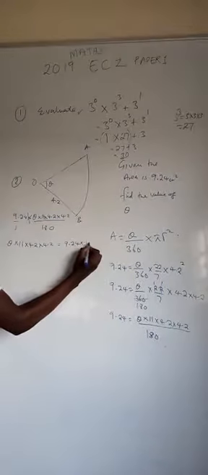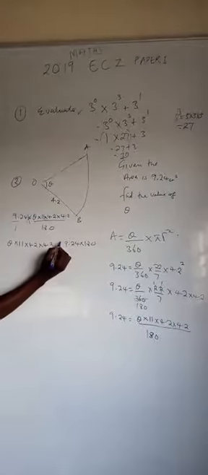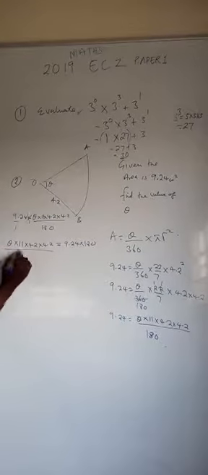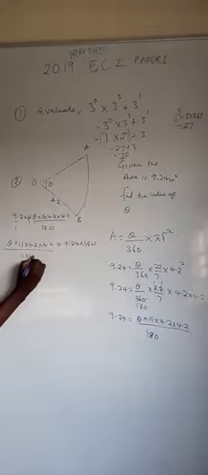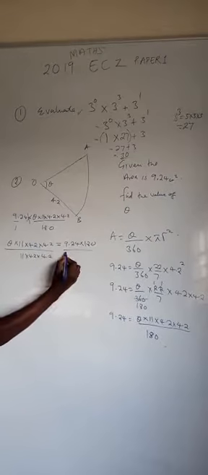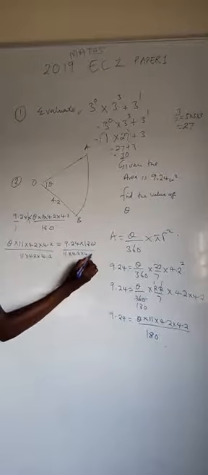9.24 times 180. So when it comes to this stage, we are trying to remain with theta. So divide by these numbers, 11 times 4.2 times 4.2. Even this side again, you divide 11 times 4.2 times 4.2.